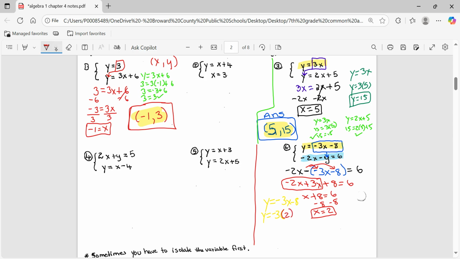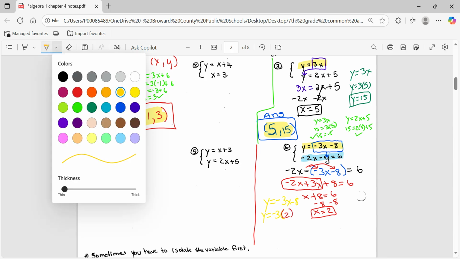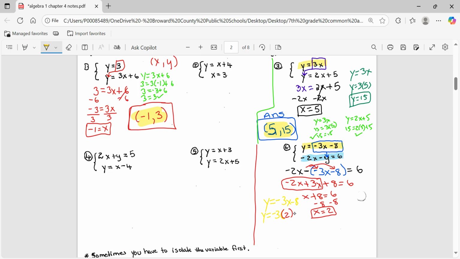Just found that out for x. Minus 8. So that y is equal to negative 6 minus 8. And my y is equal to negative 14. So now I know that my x is 2 and my y is negative 14. My solution is 2, negative 14.